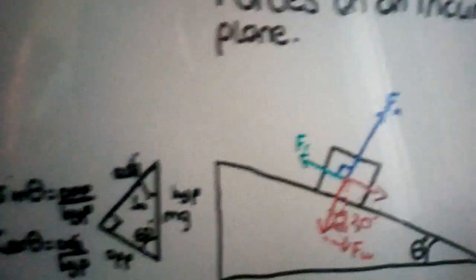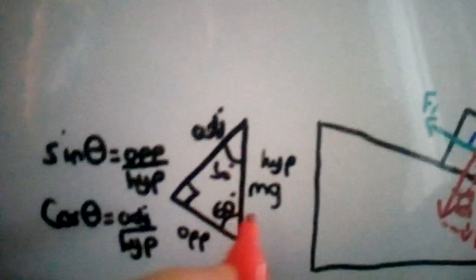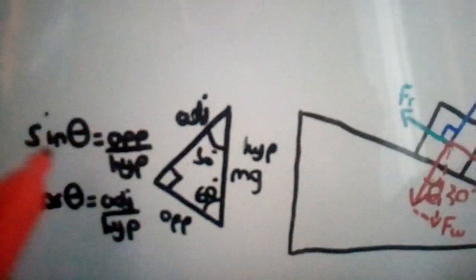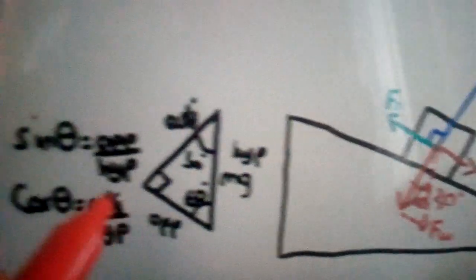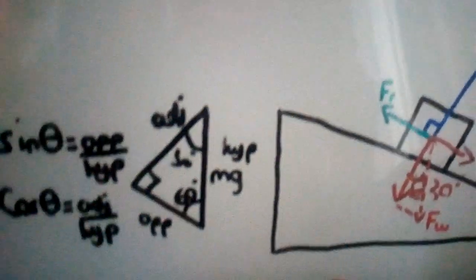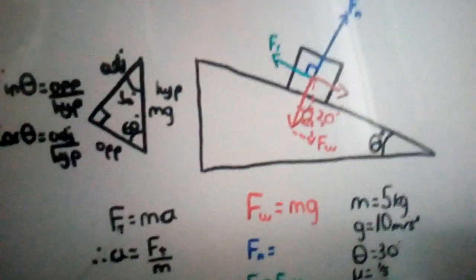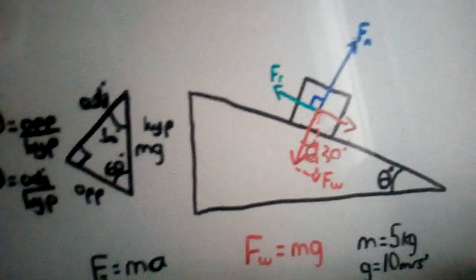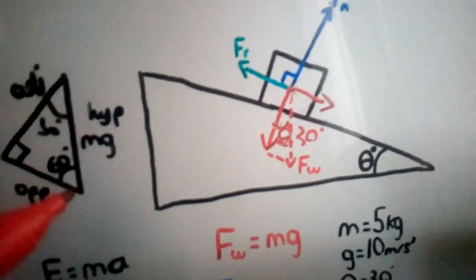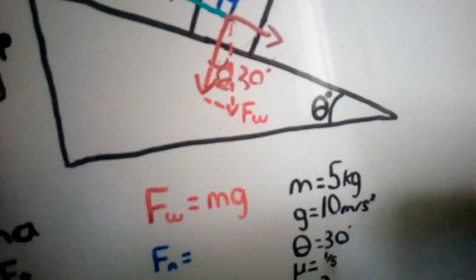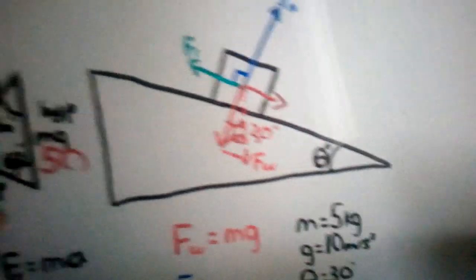And that is mass times gravity, so I'll label this side mg. I've also labelled adjacent, hypotenuse, and opposite, and the rules for sine and cosine of a right-angled triangle, which we've gone through: opposite over hypotenuse, adjacent over hypotenuse. So knowing that, mass times gravity, which would be 5 times 10, that'd be 50. Okay?